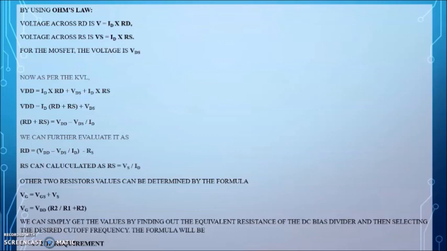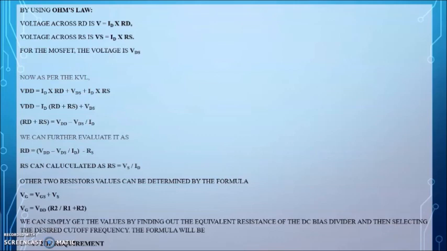Now as per KVL, VDD equals ID RD plus VDS plus ID RS, so VDD equals ID (RD plus RS) plus VDS. Then RD plus RS equals (VDD minus VDS) over ID, so RD equals (VDD minus VDS) over ID, minus RS. RS can be calculated as RS equals VS over ID.